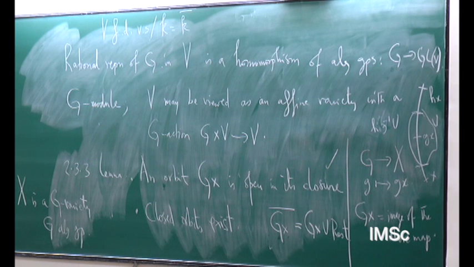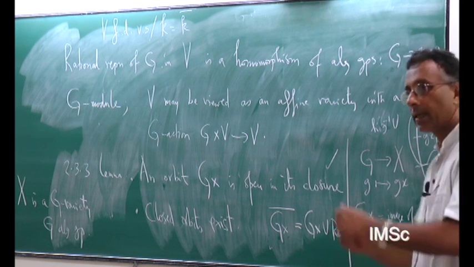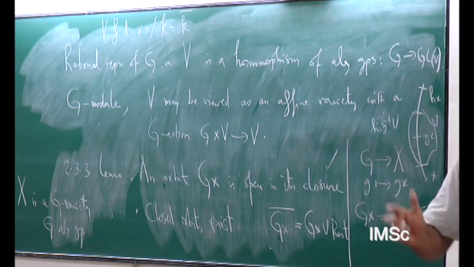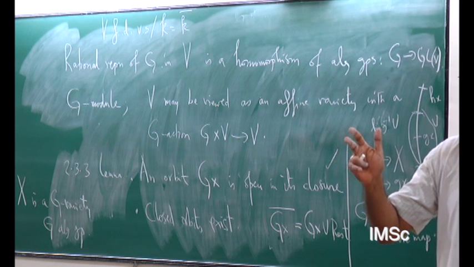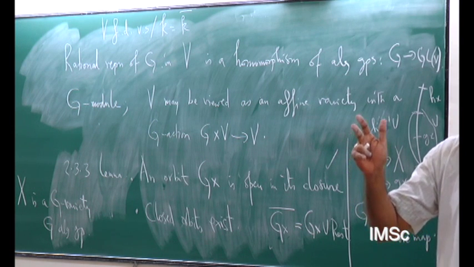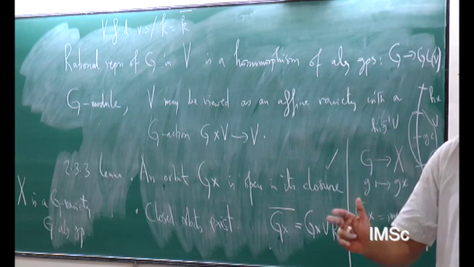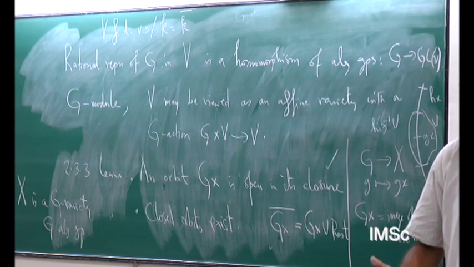Now X is a Noetherian space. I can take a minimal one among G invariant closed sets. So the idea is X is a Noetherian space, which means there is a minimal condition on closed sets, on any family of closed sets.